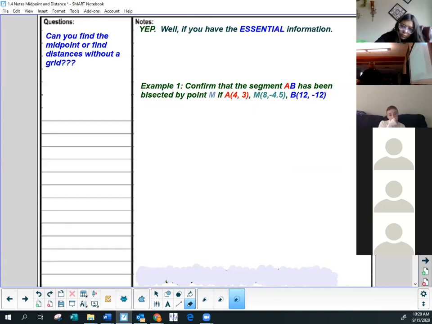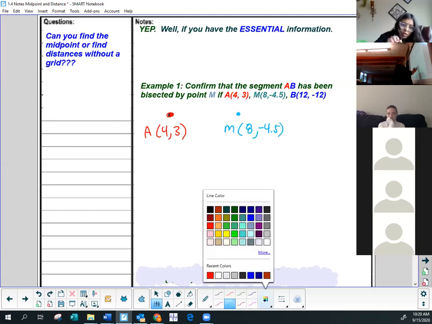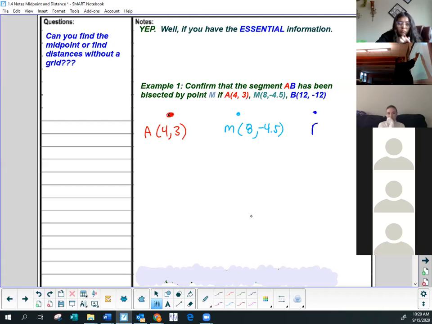Now, we don't have a grid, but we can still produce a picture, and that would be my advice. Although the picture is not going to be perfect, we can still get some kind of visual about where they all line up.